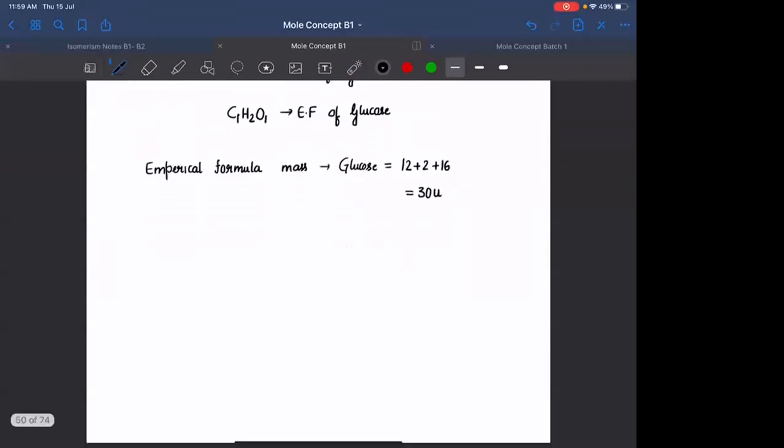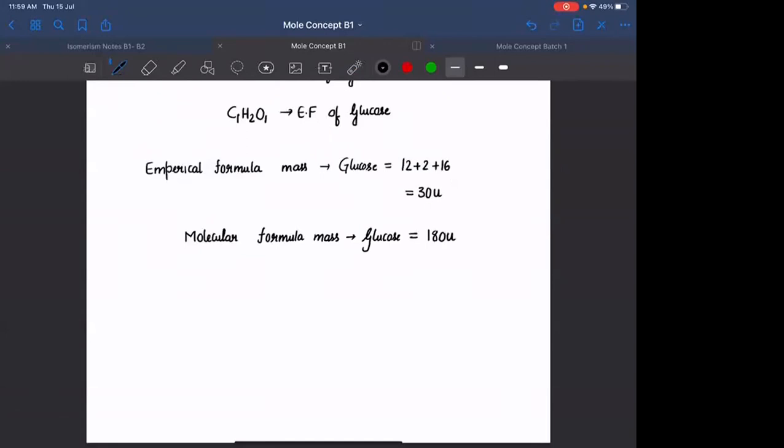Yes. What will be the molecular formula mass of glucose, which is nothing but the molecular mass only? Molecular formula mass of glucose equals how much?